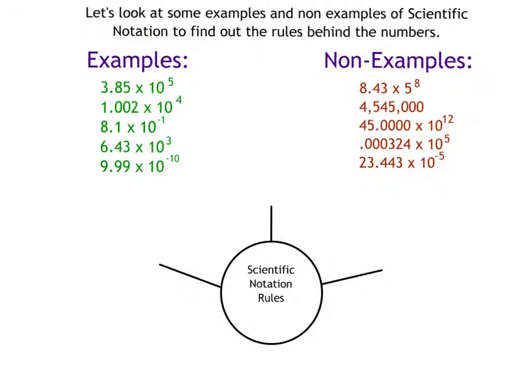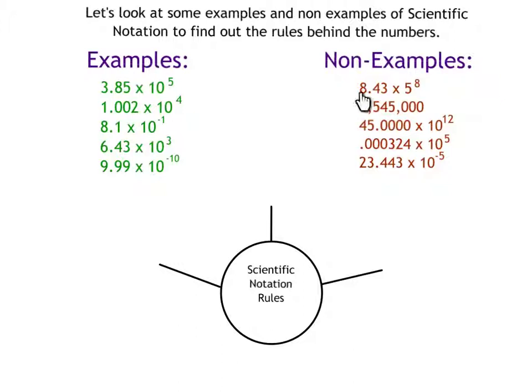Okay, we're going to look at some examples of scientific notation and non-examples. This is a good strategy to help your brain see what is scientific notation, what isn't, and then you can figure out what the rules are. So here we have 3.85 times 10 to the 5th.